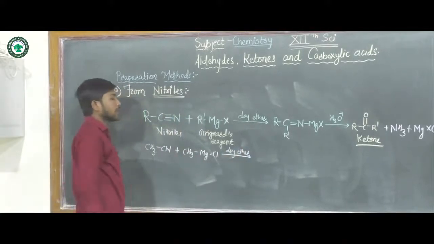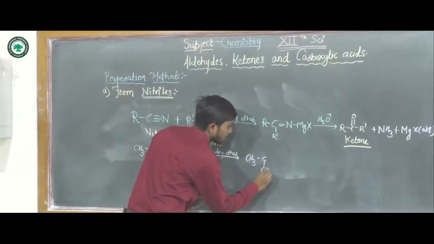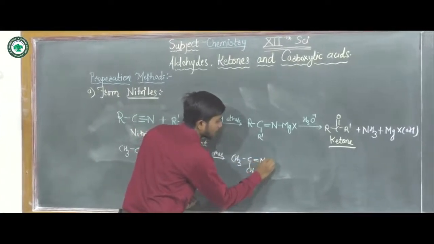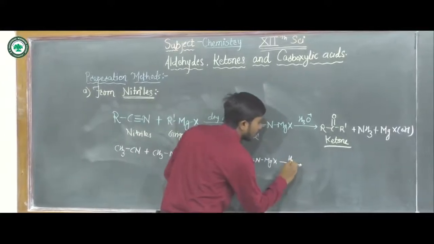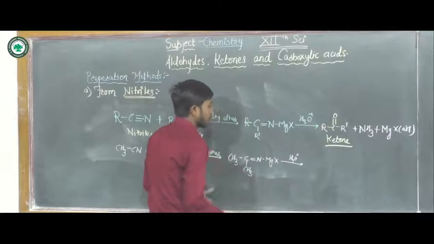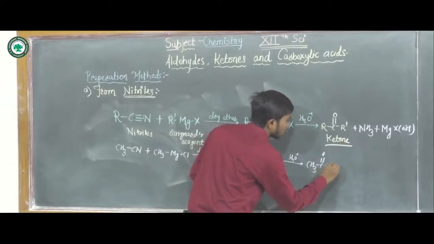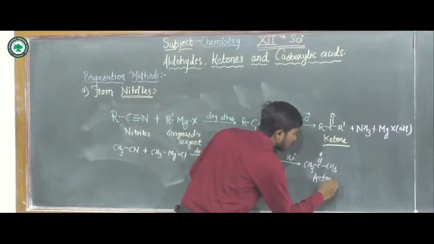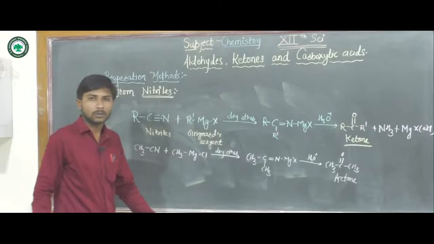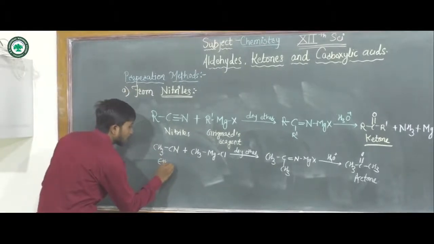Here the formation of an intermediate, what will it be? Which on further acid hydrolysis gives the formation of acetone, from ethane nitrile.